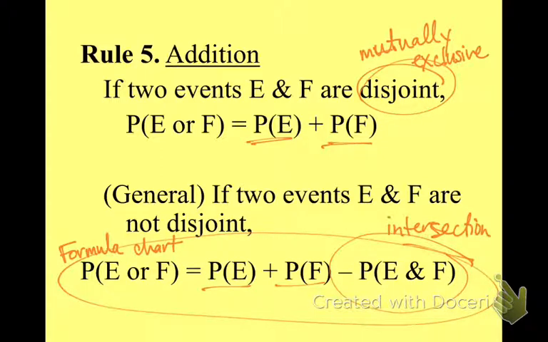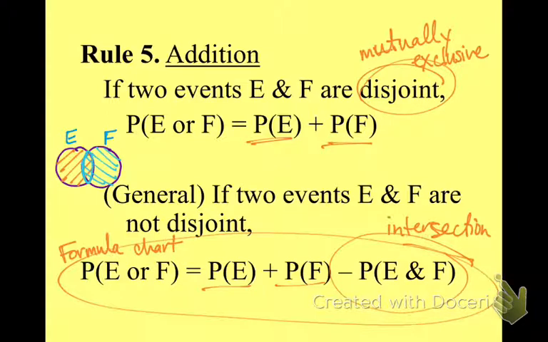Let me explain kind of why we do that. Imagine I have a Venn diagram that looks like this. You told me yesterday or 2 days ago that when you shade a Venn diagram, if this is E and this is F, E or F indicates that I'm shading all of E and I'm shading all of F. So I'm adding all of E and I'm adding all of F, but you'll notice, and you can see in this cross stitching right here, that I have shaded the intersection twice.